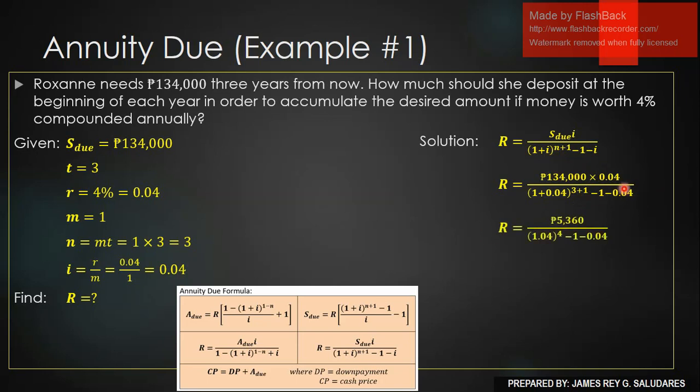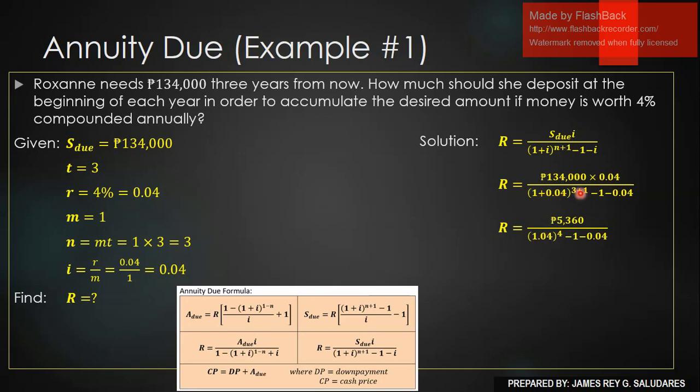Okay, so simplify. The numerator, 134,000 times 0.04, is 5,360. That is your numerator. For the denominator, you add 1 plus 0.04, so you have 1.04.